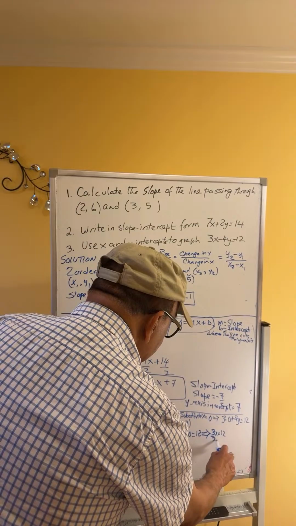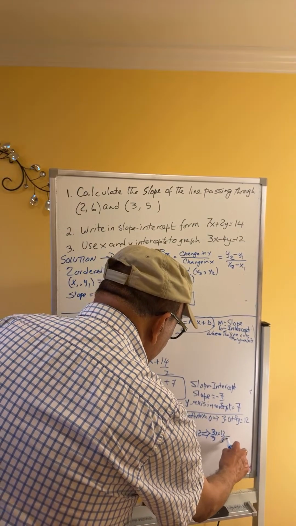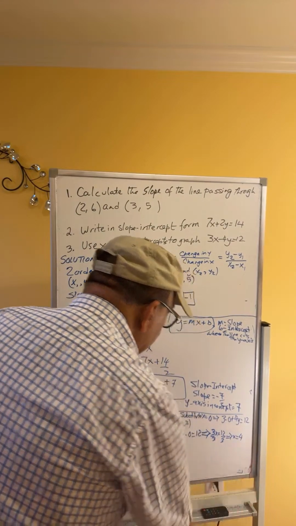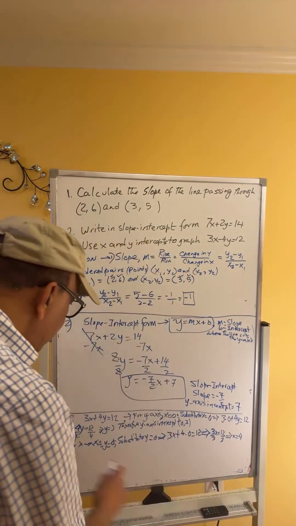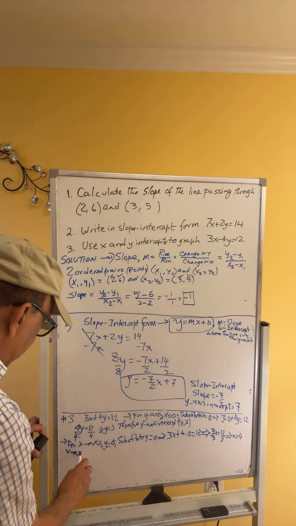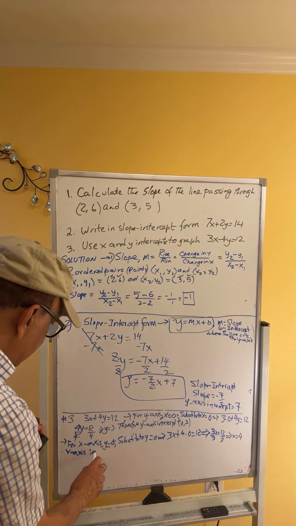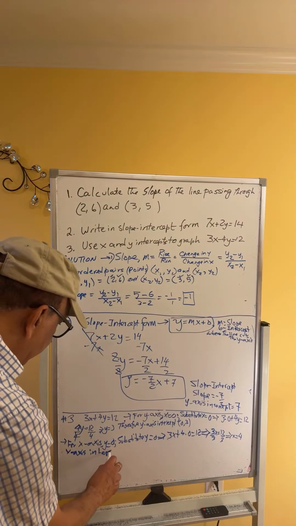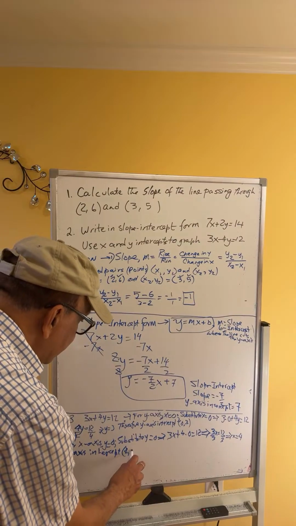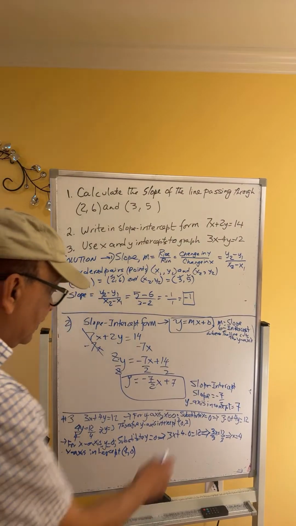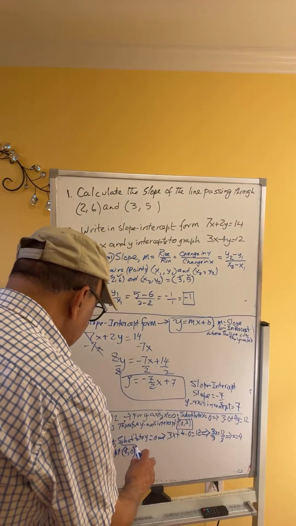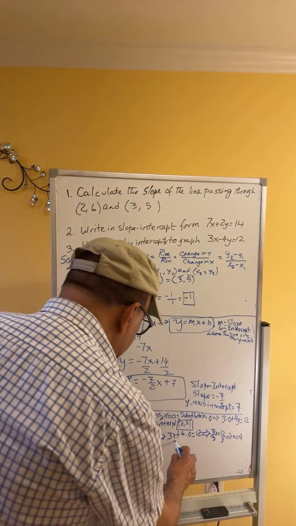Divide by 3 on both sides will lead to x equal to 4, because 12 divided by 3 is 4. So the x-axis intercept is 4, 0. Okay. Now we know the y-axis intercept, we now know the x-axis intercept.